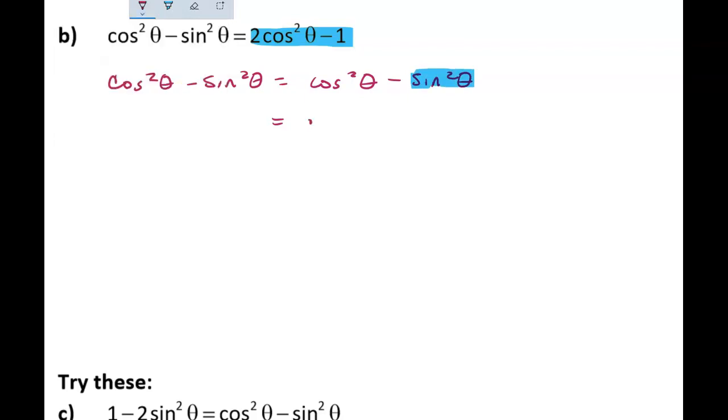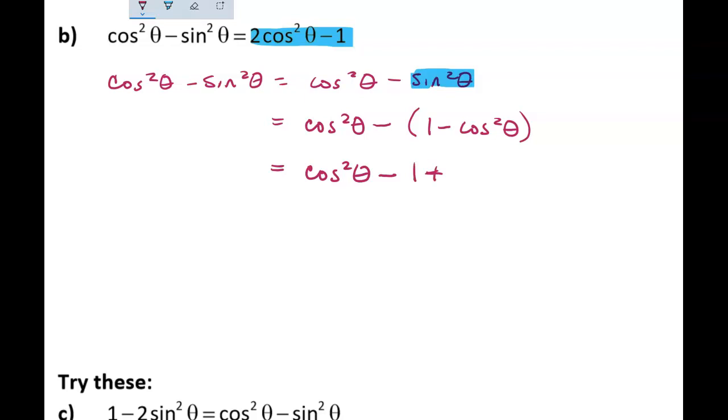So what I'm going to want to do is to use that Pythagorean identity, sine squared of theta plus cosine squared of theta is equal to 1, and replace the sine squared of theta with 1 minus cosine squared of theta. Remember to put it in parentheses because we want to subtract everything in that binomial that's being subtracted as sine squared of theta.